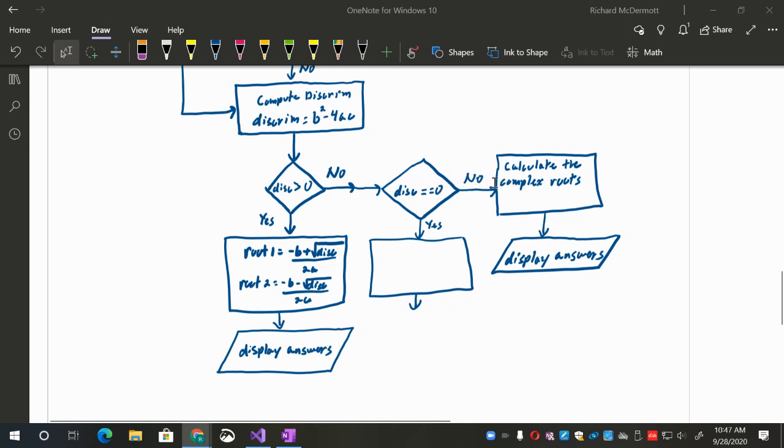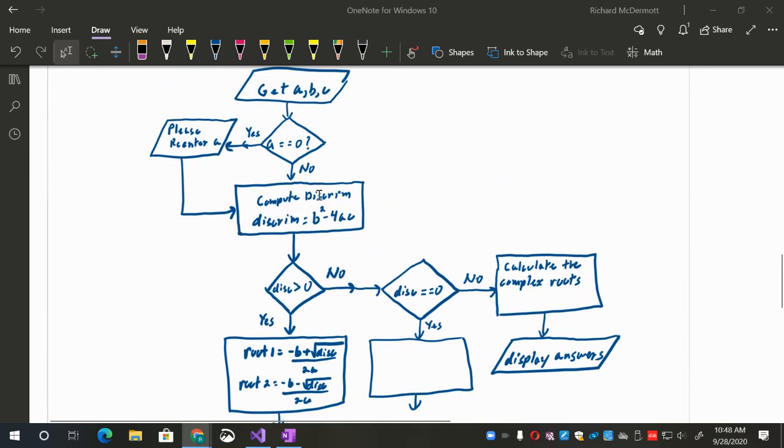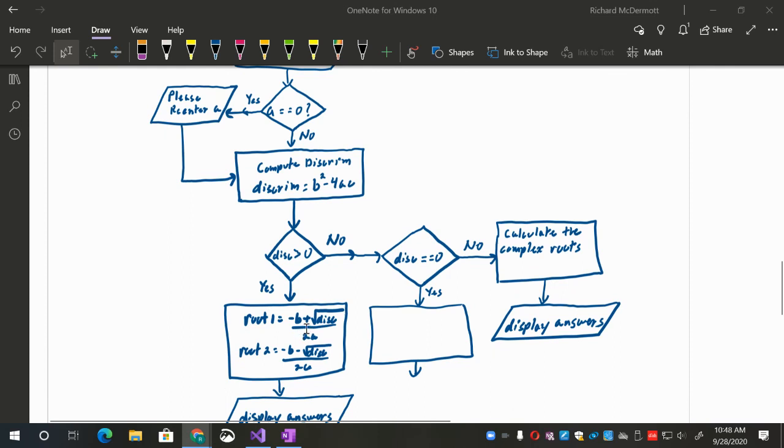If that's not the case, if the discriminant's not bigger than 0 and it's not equal to 0, it's got to be less than 0. So this is going to be our else case. Calculate the complex roots and then display the answers. If I were you, when I'm programming, I would make sure that these first two cases work and then work on this third case because that's the most difficult piece here.